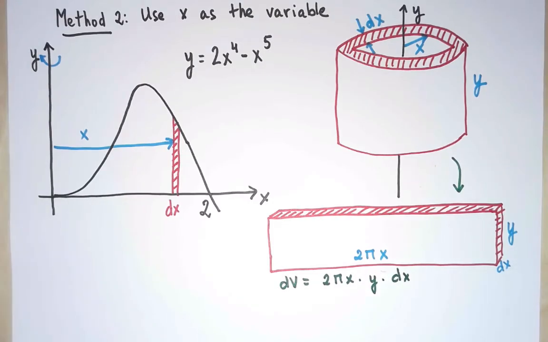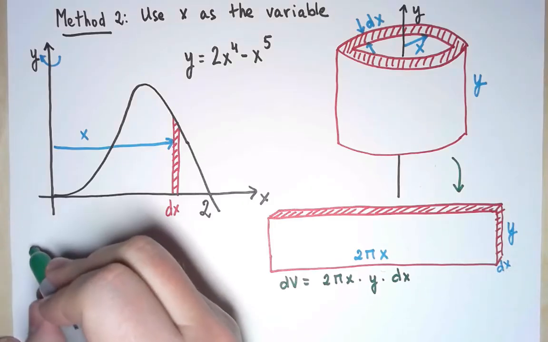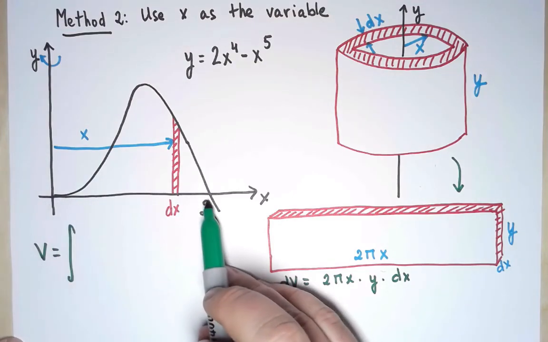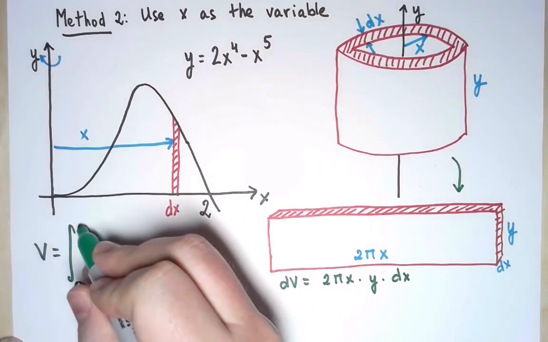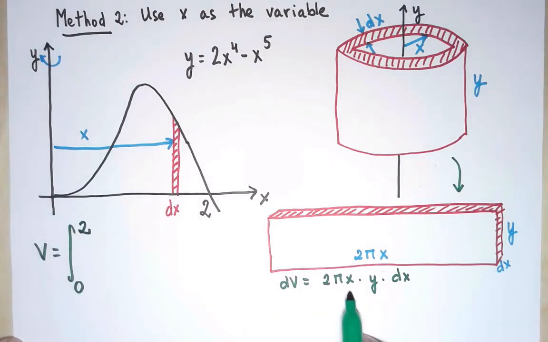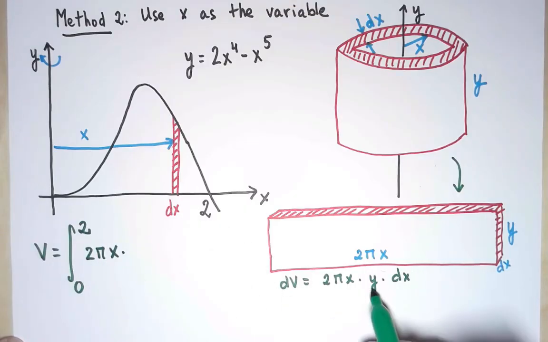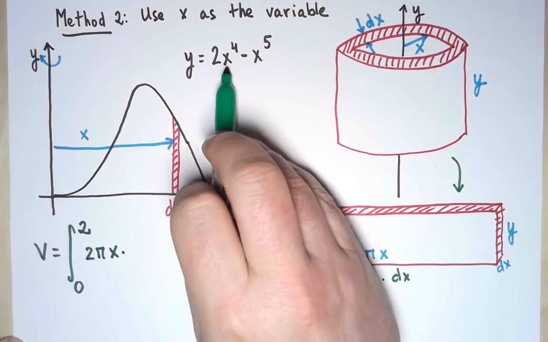Excellent. That's the volume of one piece, and my solid is the union of all the pieces, so I have to sum them, or rather take an integral. Since I am using x as the variable of integration, it's easier. It will go from 0 to 2. And now I copy the infinitesimal volume. It's 2 pi x times y, but I need to write everything in terms of x.